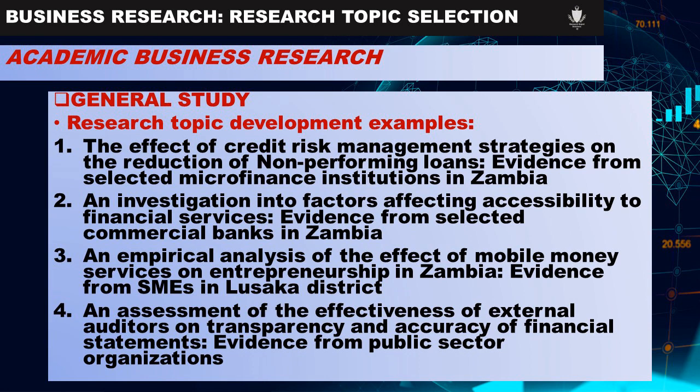However, it is giving us a general perspective that our main focus in this study is public sector organizations that are run by government, and therefore we want to assess how external auditors affect their transparency and accuracy with regards to their financial statements. So this one is also a general study.